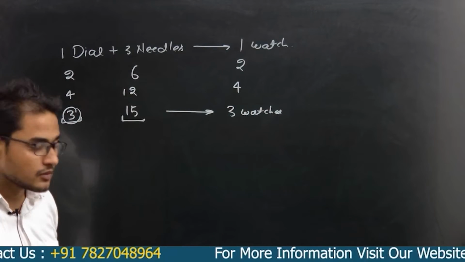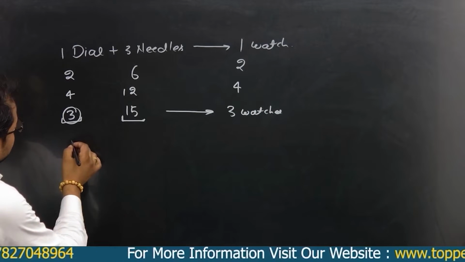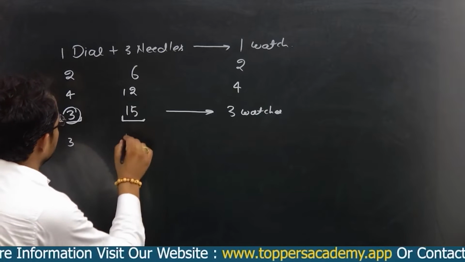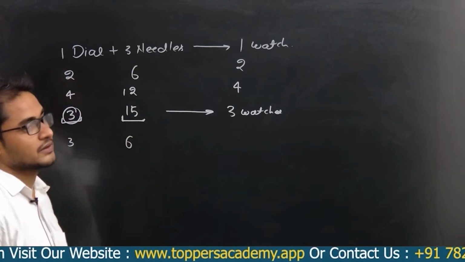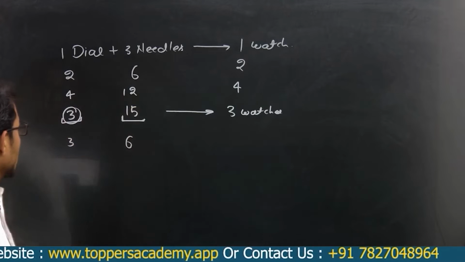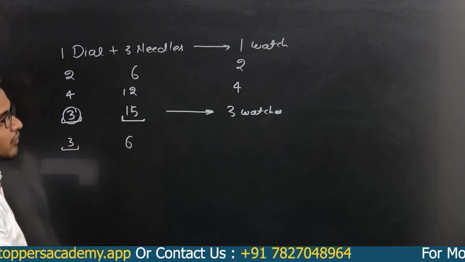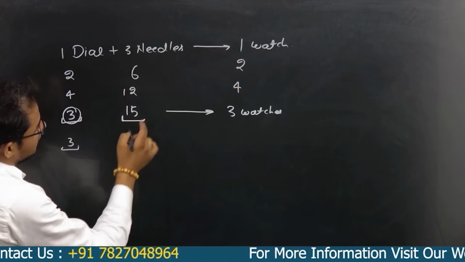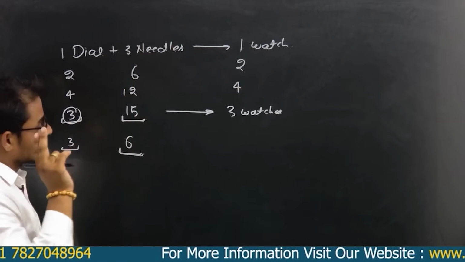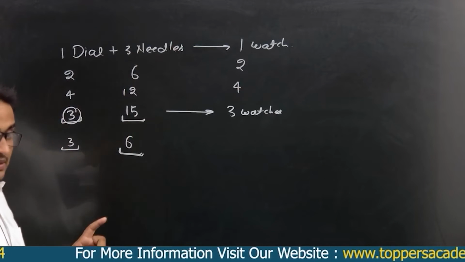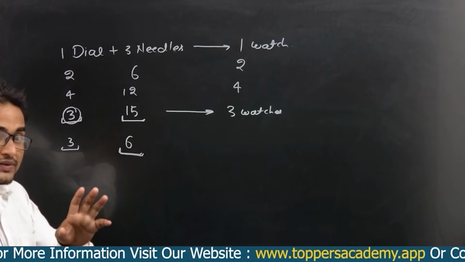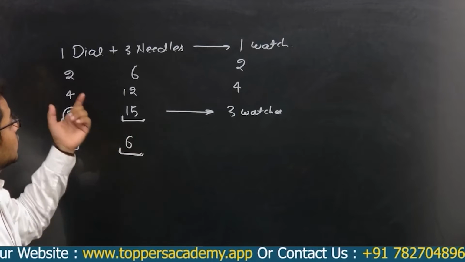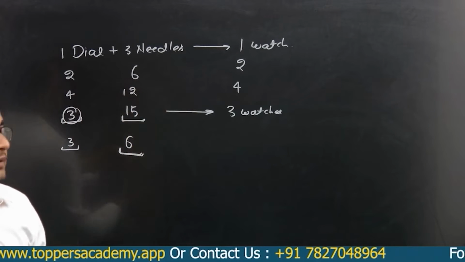Similarly, suppose I am taking 3 dials and 6 needles. According to the number of dials, 3 watches must be formed, and according to the number of needles, if 3 form 1 watch, then 6 needles will form 2 watches. So according to which entity will the final product be formed?